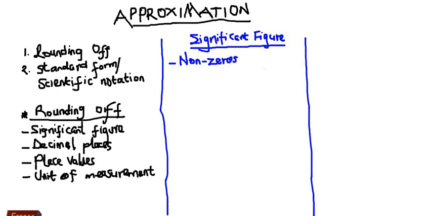The digits that we use in the decimal number system are 1 up to 9. These digits have a value of a given measure. So a 1 is a significant figure wherever it appears. A 2 is a significant figure wherever it appears, because these are numbers that are counting the magnitude of a particular quantity.